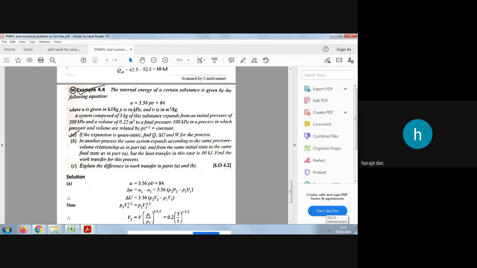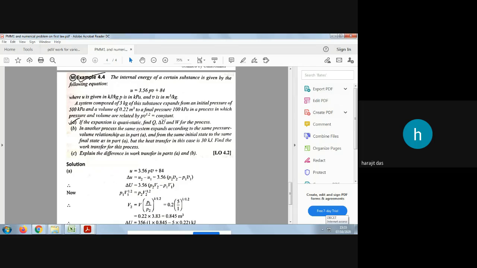Now what is delta U? Delta U is U2 minus U1. In the system there are two states, state 1 and state 2. In state 1, the properties are P1 V1. In state 2, the properties are P2 V2. So delta U will be U2 minus U1. So what is U2 minus U1?